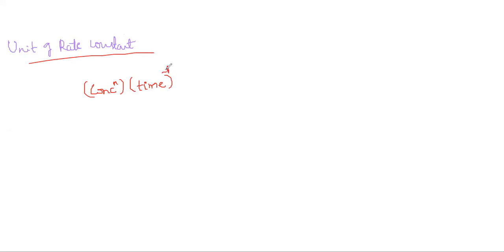So this is what rate is going to be, and it is independent of the order of reaction. Okay. So therefore we have a formula that K is equal to mole liter inverse to the power 1 minus n, second inverse. Okay. So where n will be the order of the reaction.